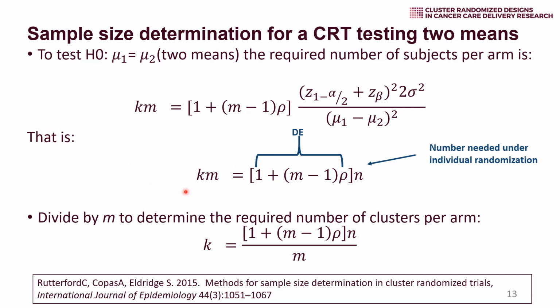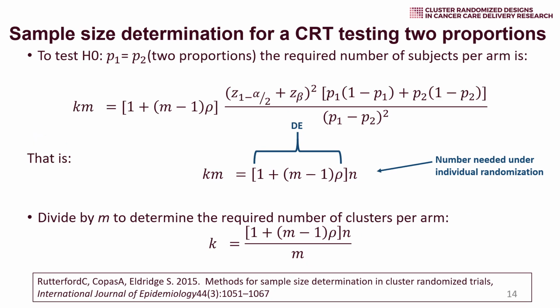So it turns out everything simplifies quite nicely so that the number of subjects per arm, k times n, is equal to this design effect multiplied by the number that's needed under individual randomization. And then we can simply divide by n to determine the required number of clusters. So the required number of clusters k is equal to the design effect multiplied by the number needed under individual randomization divided by the cluster size.